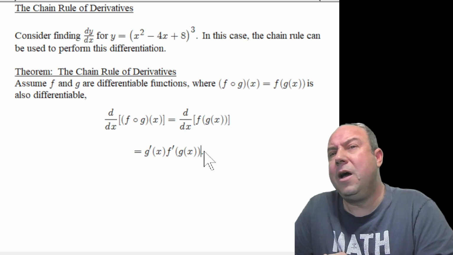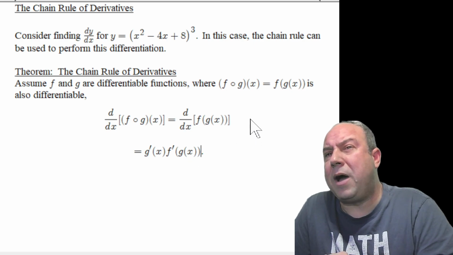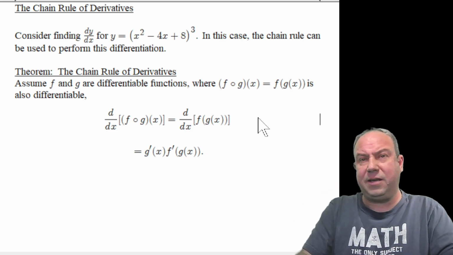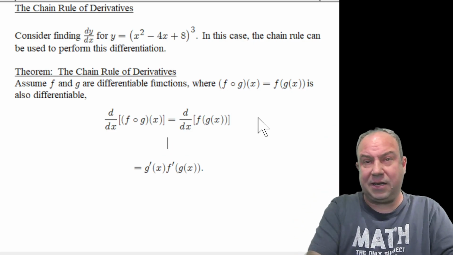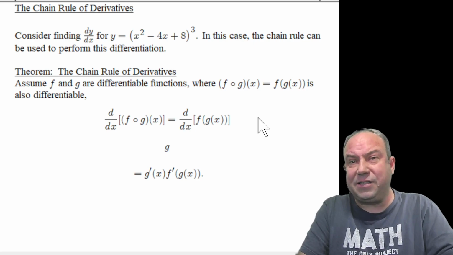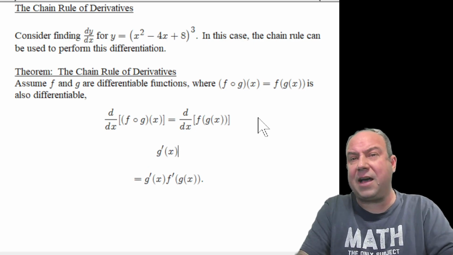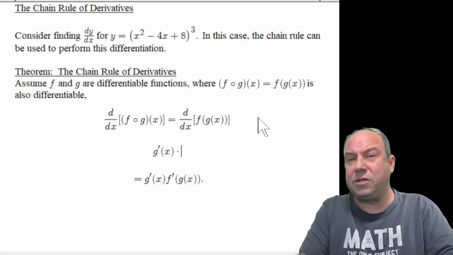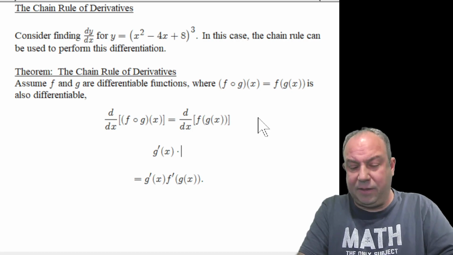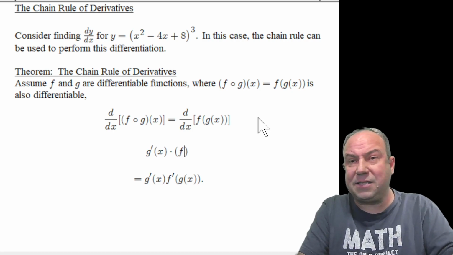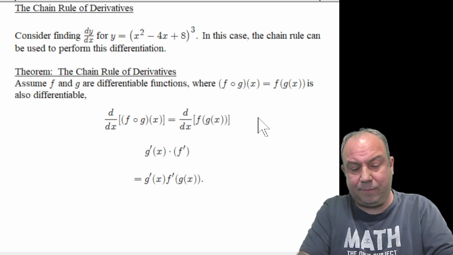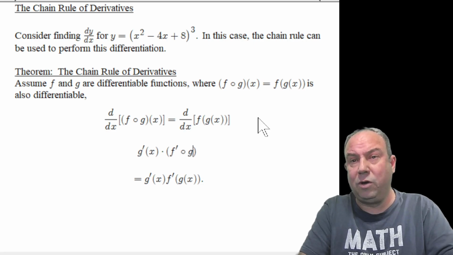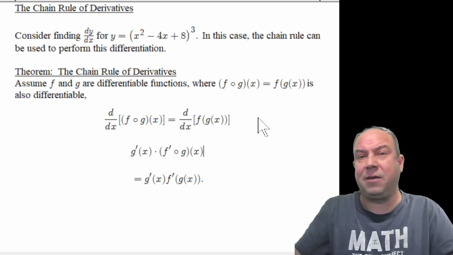What we might throw into this statement just to make the connection is that this is g prime of x, sorry, multiplied by what's going to be the composite of f prime with g at the value of x.